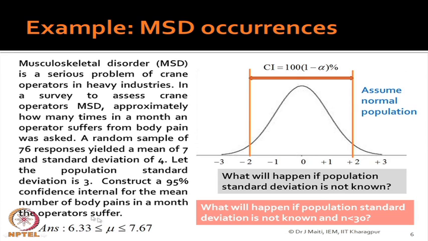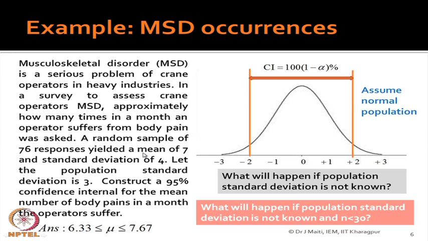Musculoskeletal disorder, MSD, is a serious problem of crane operators in heavy industries. In a survey to assess crane operators' MSD, how many times in a month an operator suffers from body pain was asked. This is one crude measure of MSD. A random sample of 76 responses yielded a mean of 7.